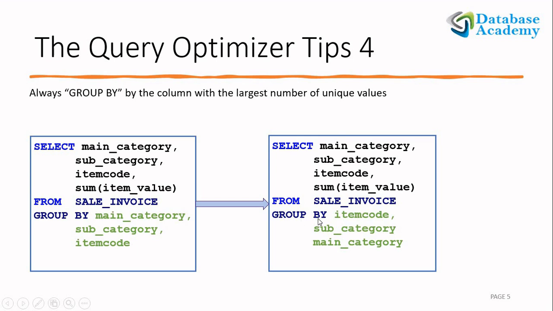So we should keep this first, because item code is going to return unique values most of the time. Then after that we can mention subcategory and then main category. This is how we can improve the performance of a select statement using the column with the largest number of unique values.